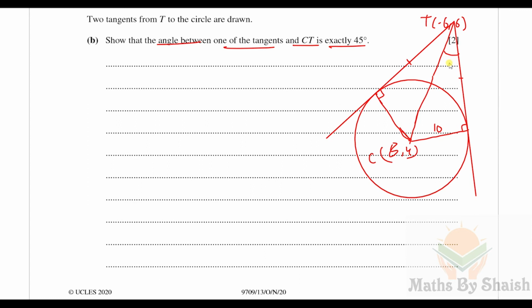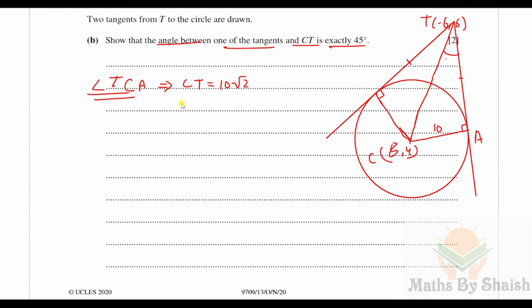This is T, and I'll take this as A. For angle TCA, we know that the angle at A is 90 degrees, and we have CT from the previous part as 10√2. We have CA, which is 10.